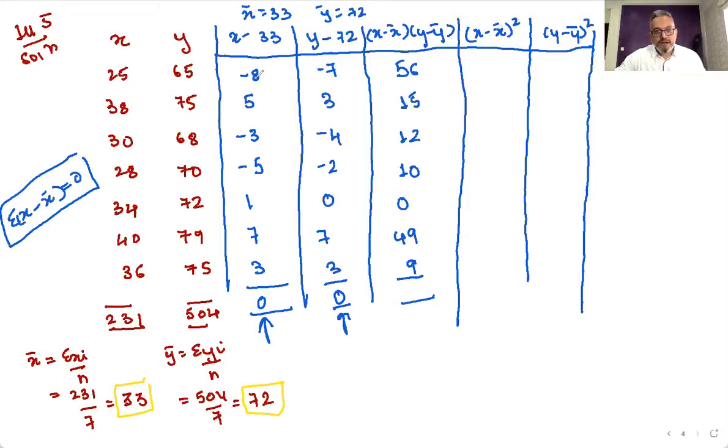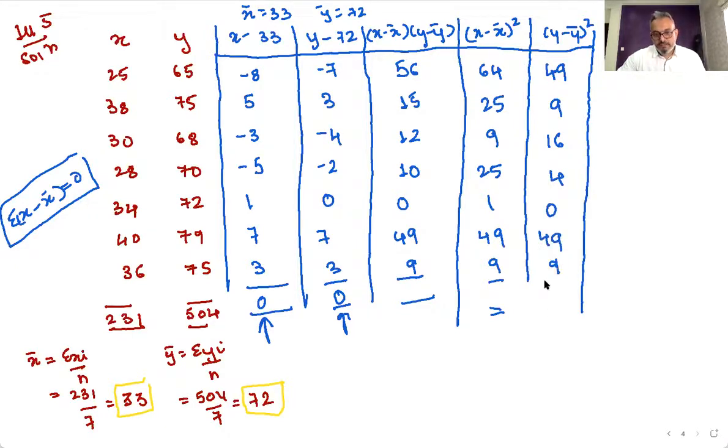X minus x bar the whole square, so minus 8, so 64, 25, 9, 25, 1, 49, 9. Then for y: 49, 9, 16, 4, 0, 49, 9. Do the totals on your own.